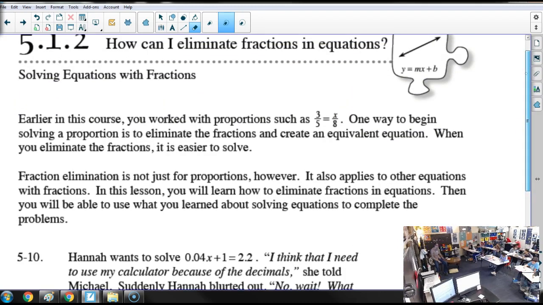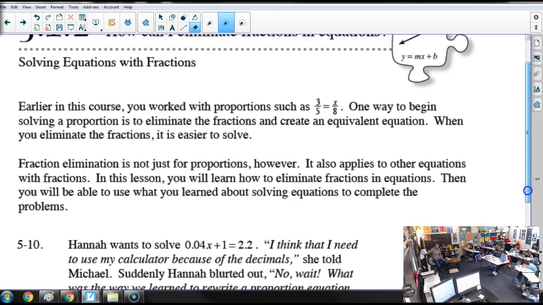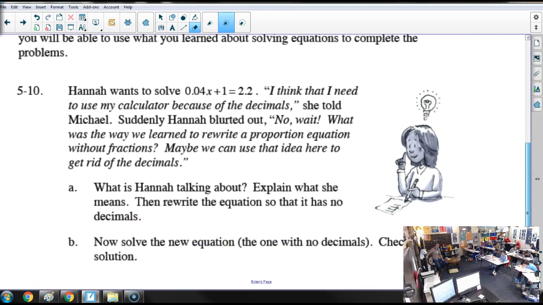You don't even need to put solving if you don't want. And really it's equations with fractions or decimals. But fractions are the main thing we're going to work in. And then do me a favor, since the lesson is called equations with fractions, turn that into an equation with fractions, not decimals. Right, let's practice rewriting those.